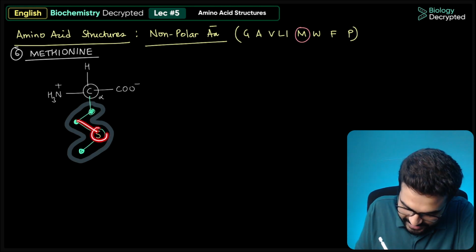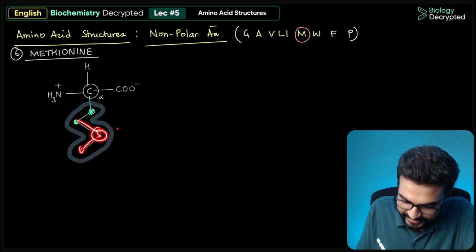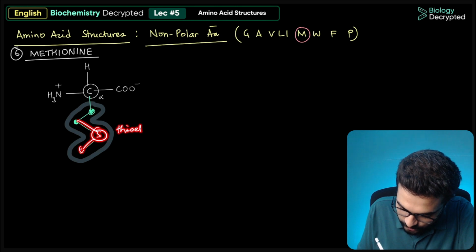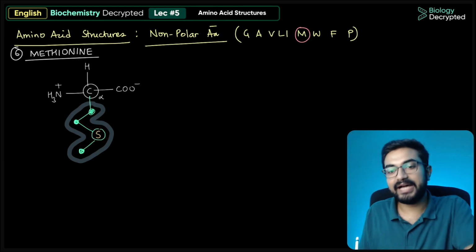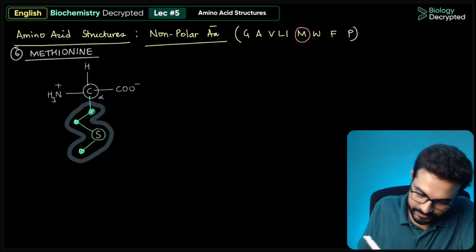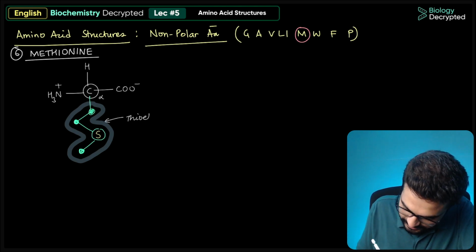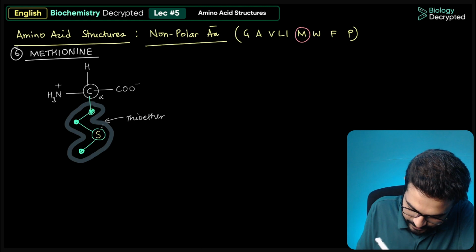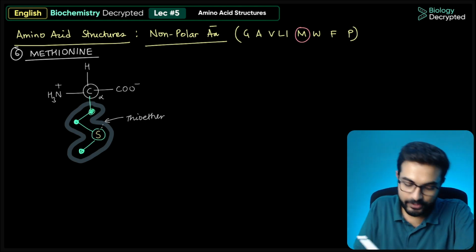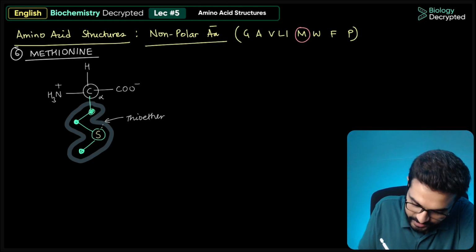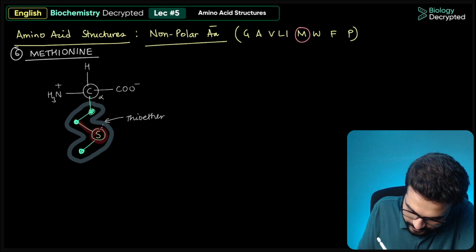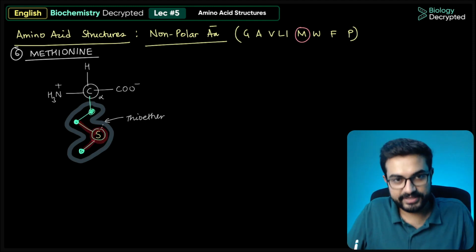Similarly, if it is S instead of O, this will be called a thioether bond. So here we'll write, this is a thioether linkage. This particular linkage is an example of a thioether linkage. I'll be highlighting it with red. This is your thioether linkage.